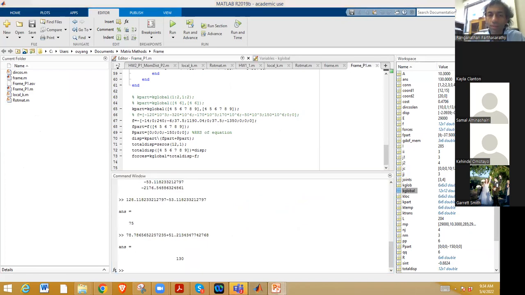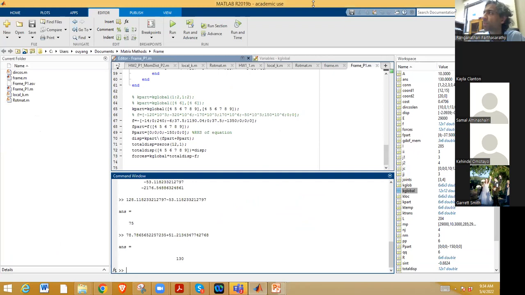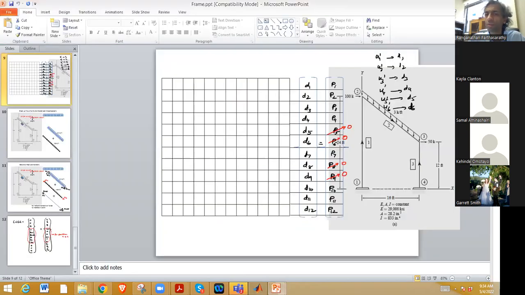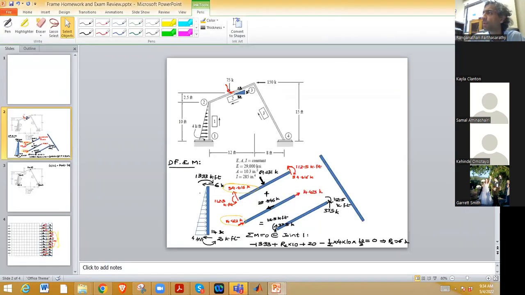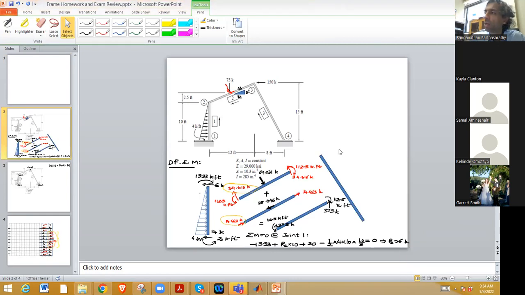Then moment balance. Let's take balance of all moments about 1. I'm going to copy these moments here from MATLAB.